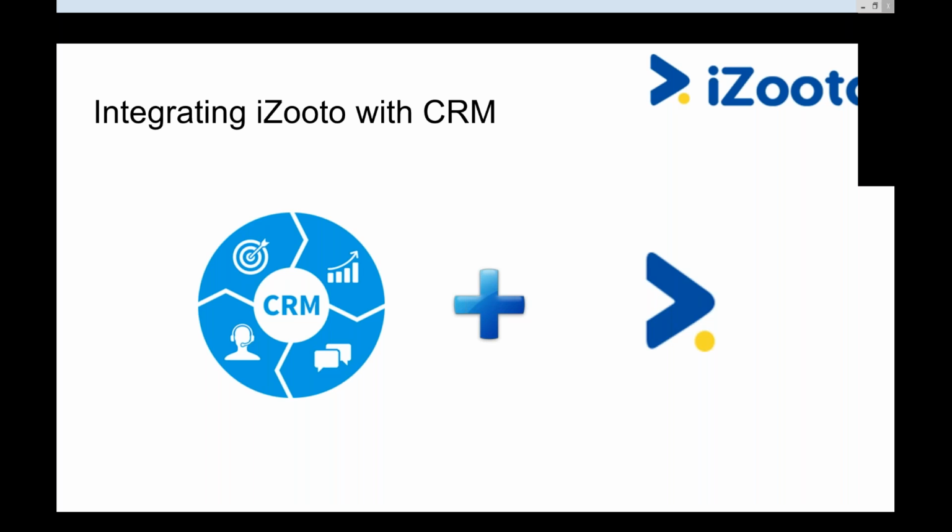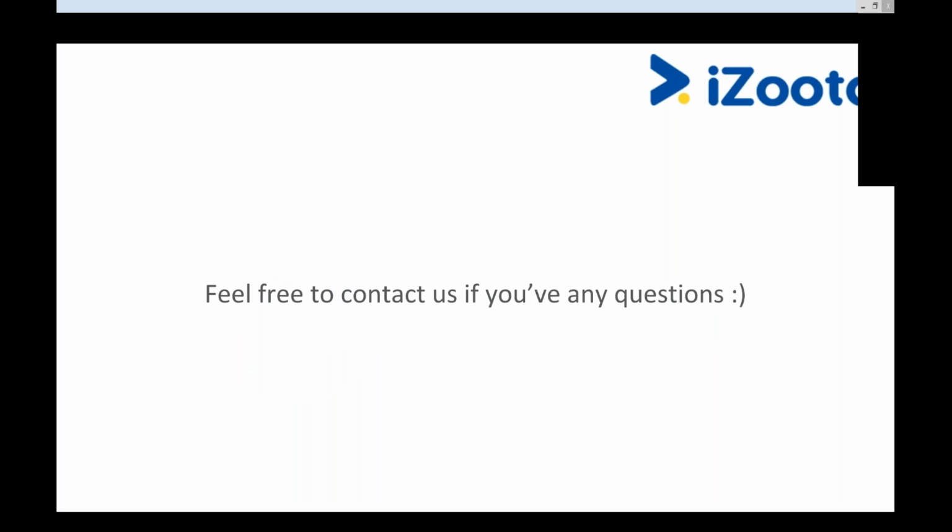I believe this particular feature does not come under the current plan you are subscribed on, but you can always reach out to the support team, and we would be more than happy to enable that functionality for you so that you can engage with your subscribers in a much better fashion.